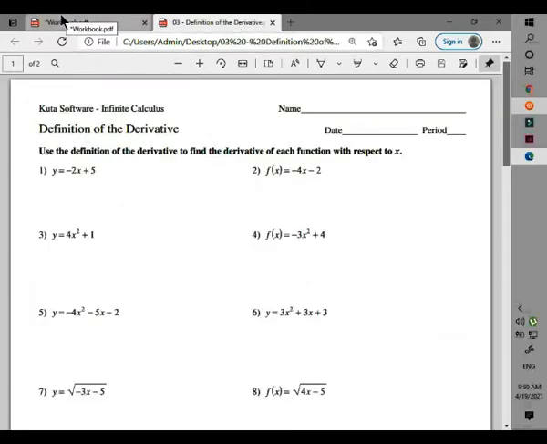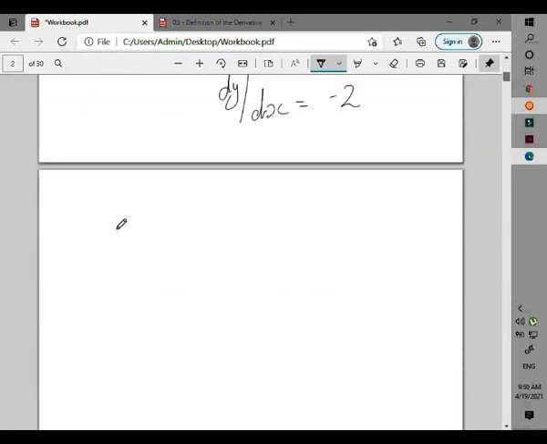Minus 4x minus 2. Alright, so what is it given as though? F of x. So for f of x, I'll be using the h concept that we've been using thus far. So f of x is equal to minus 4x minus 2. So dy upon dx is equal to the limit as h approaches 0.